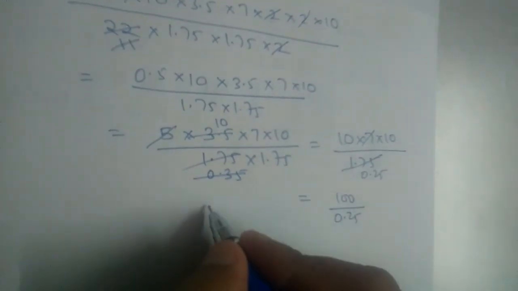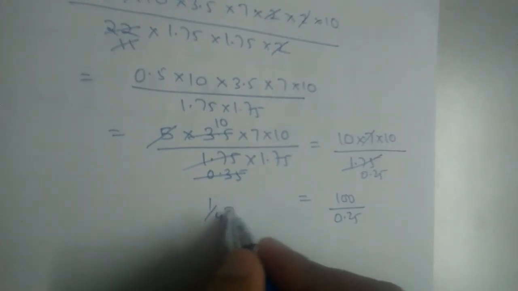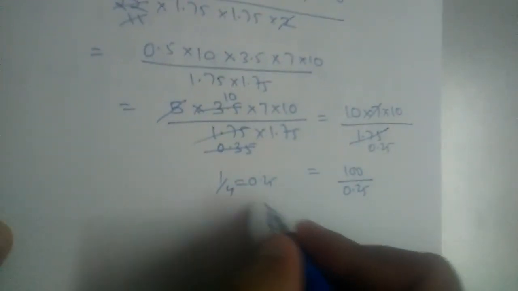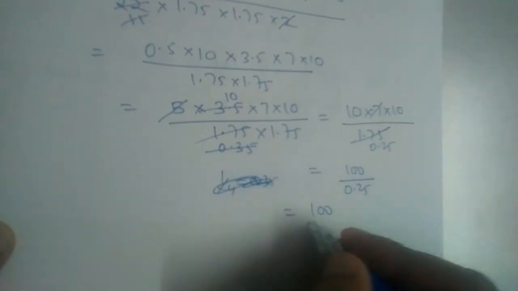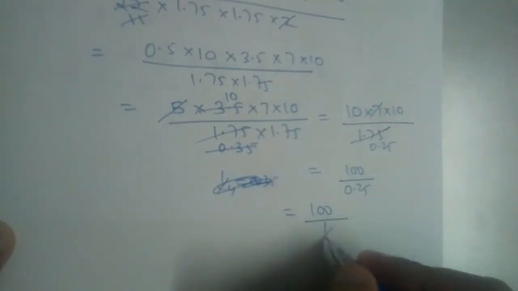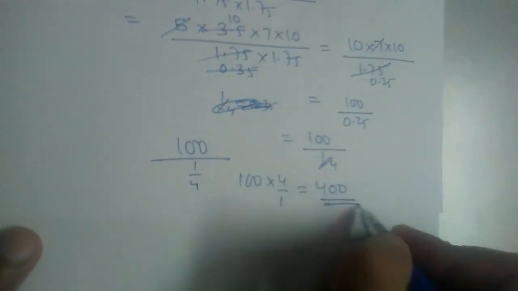See, 0.25 we can write it as 1 by 4 because 1 by 4 is 0.25 only, right? So this is equal to 100 divided by 1 by 4. Okay, this is division of division, right? It will be 100 into 4 by 1, which will be equal to 400.